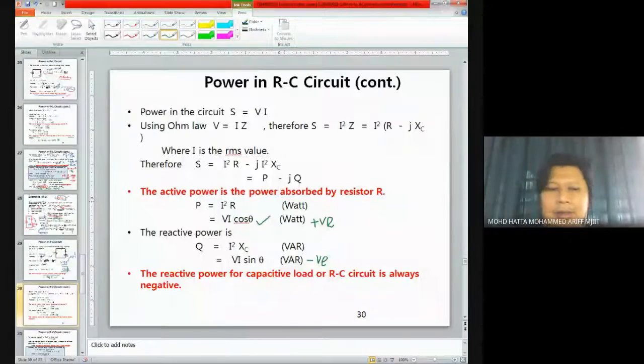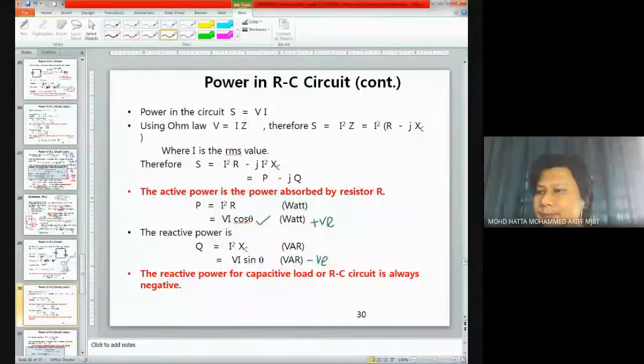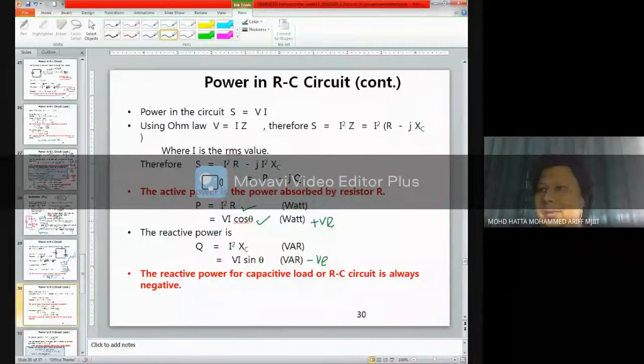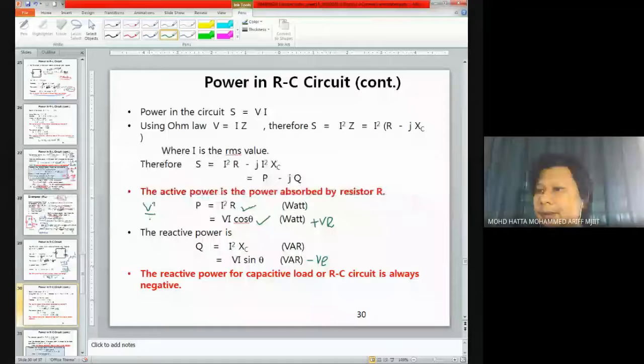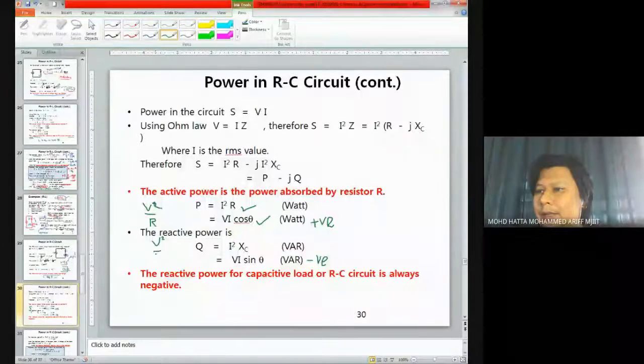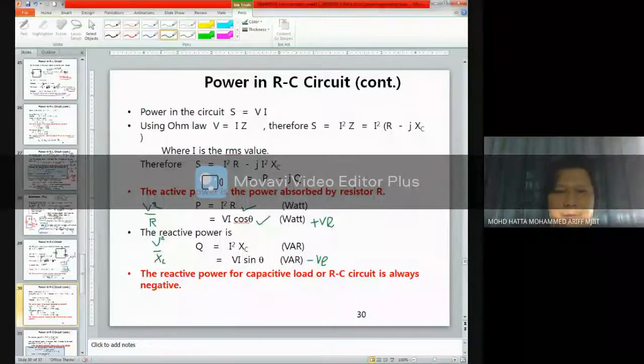If you try to calculate P and Q in different way, you can always use this equation, and I think I've explained why we didn't put V squared over R, V squared over Z, V squared over XC. Why we didn't put this one, because it's very dangerous. I mean, not dangerous in terms of you could blow up your system.